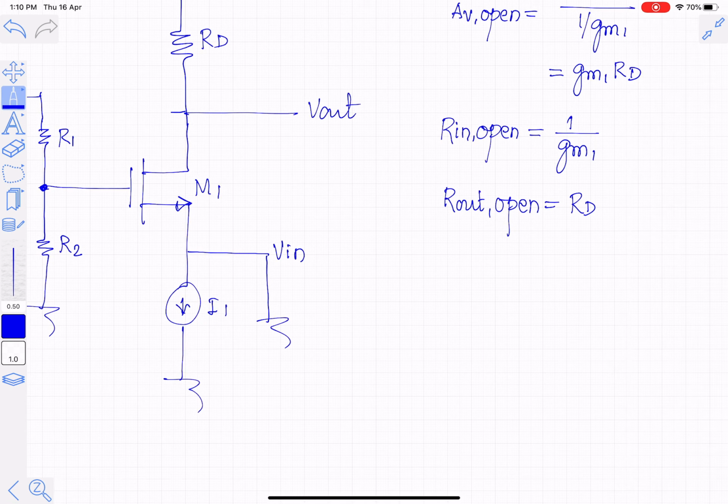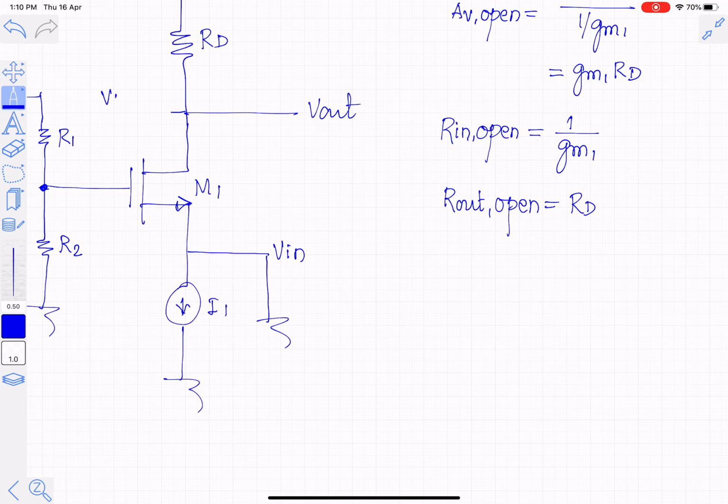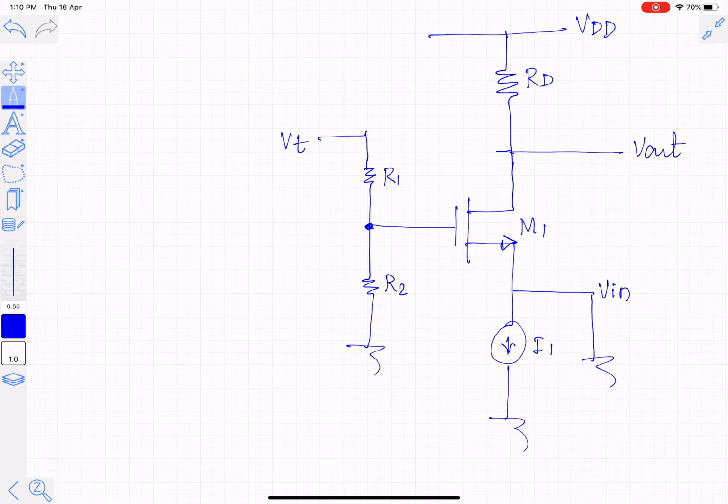So if Vin is connected to 0, VT is applied here. We have to find out what is Vr here.